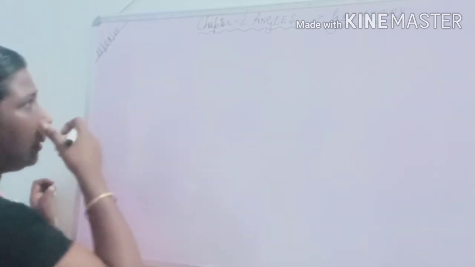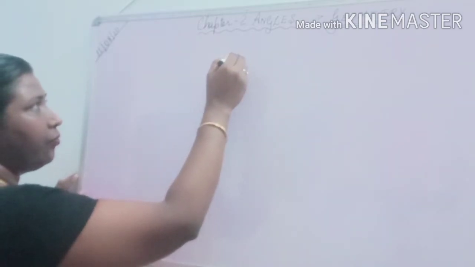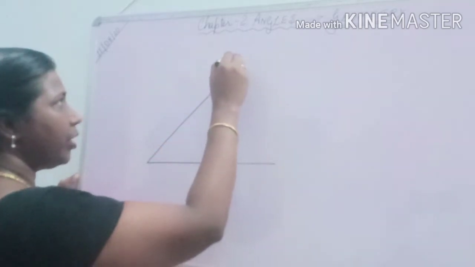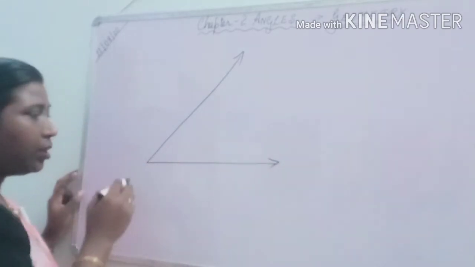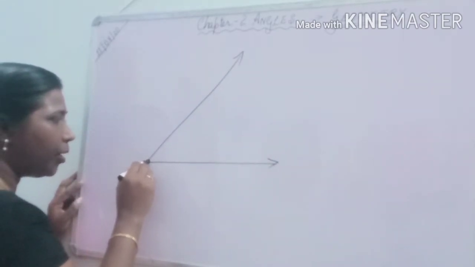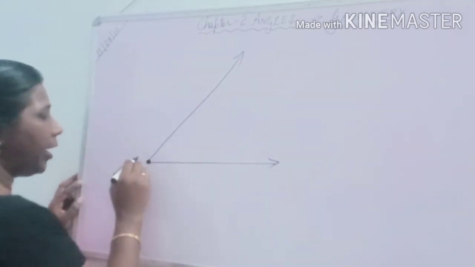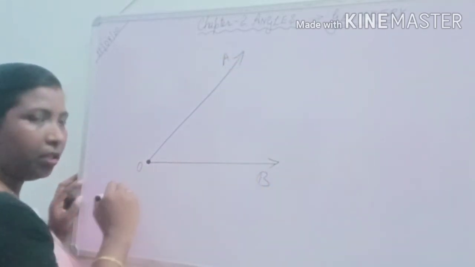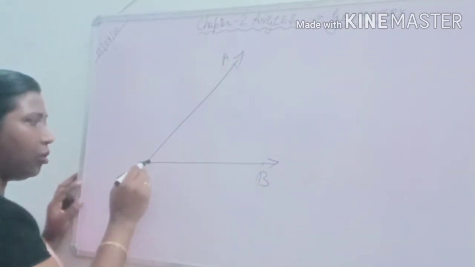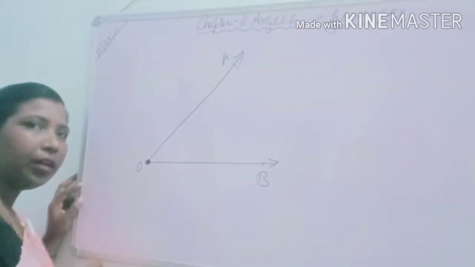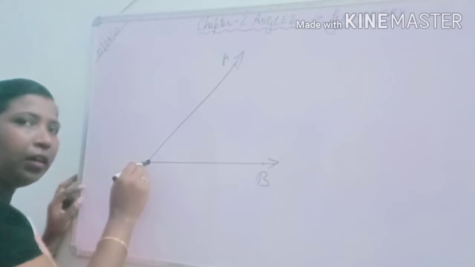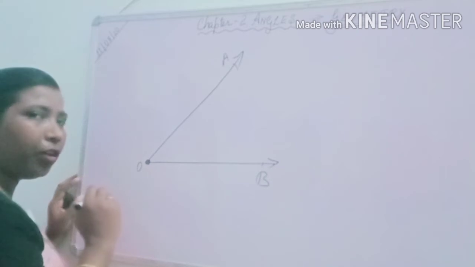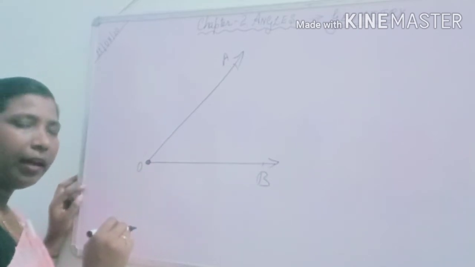Angles. Here, first, when two arms, or two rays, join at a common end point, with the common end point as O. Two rays I have given as A and B. When two rays intersect at one common end point, that is called an angle.